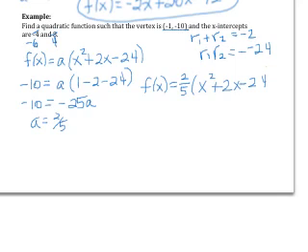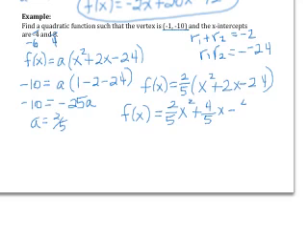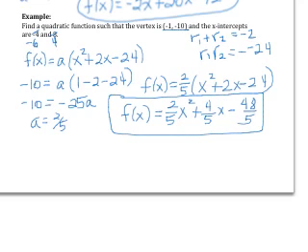There we go. Okay, to be technically correct, we are going to distribute, and we'll have 2/5 x squared plus 4/5 x minus 48 over 5. And there we go. There's our answer, and that's what you need for this section.